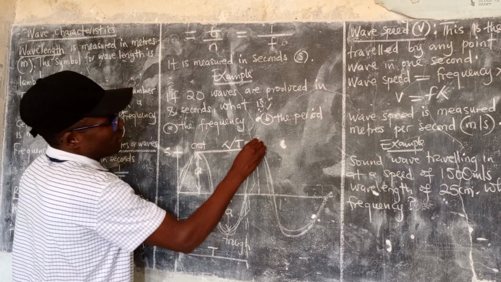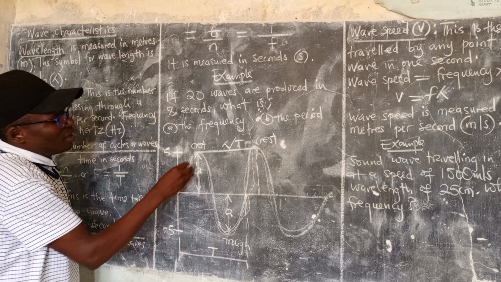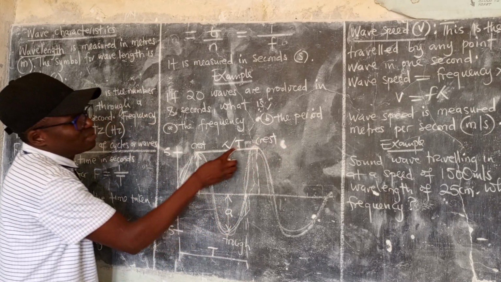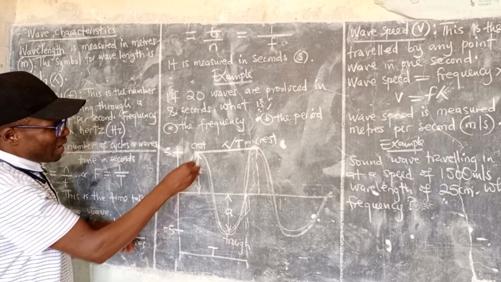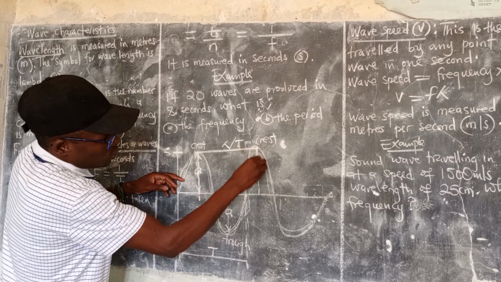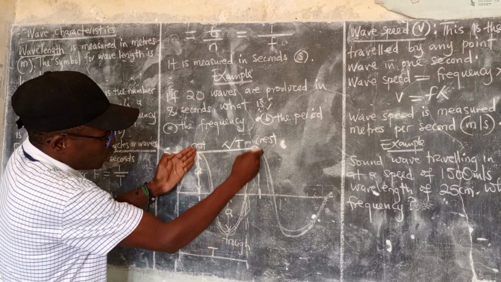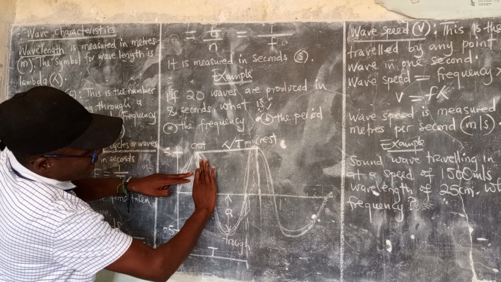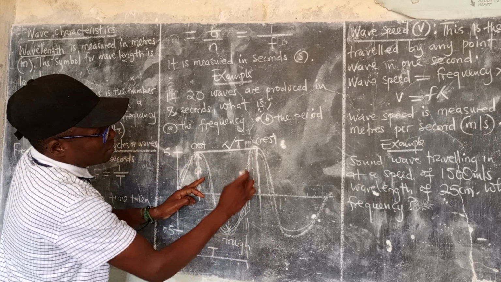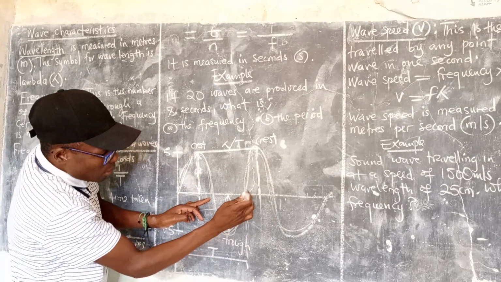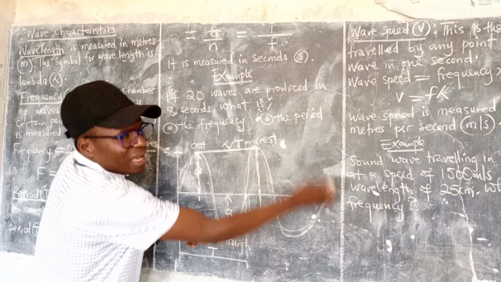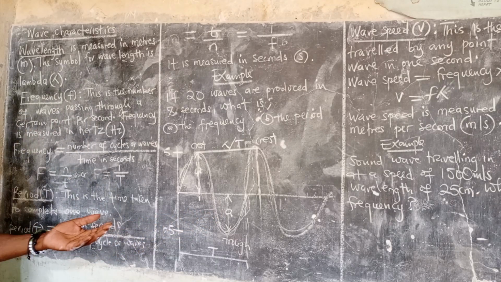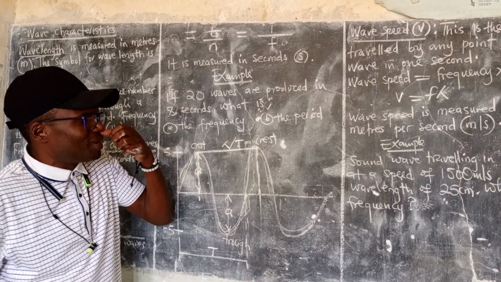Very simple. If I check this and you check the upper part, this part and this part in between make one crest plus the one at the bottom. It makes a complete one. Period.